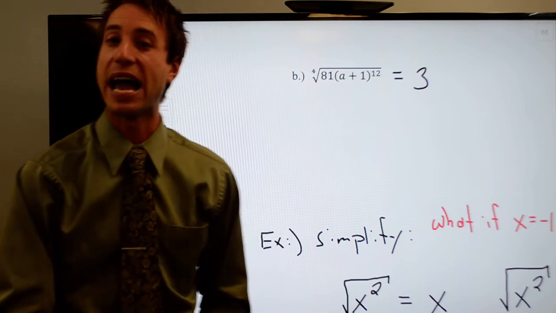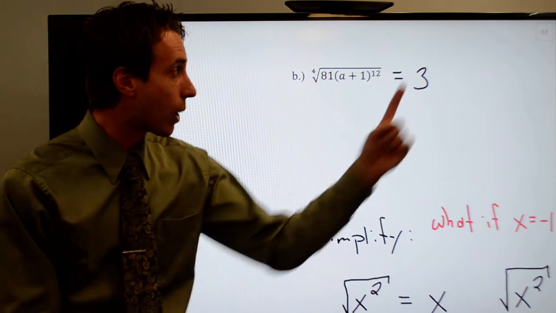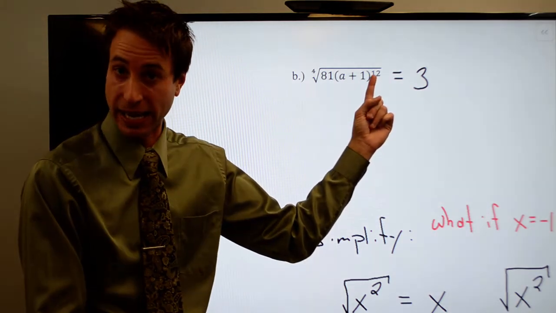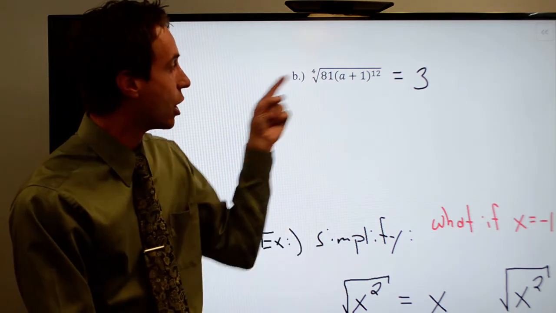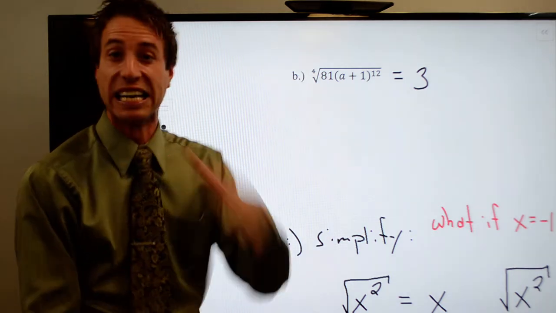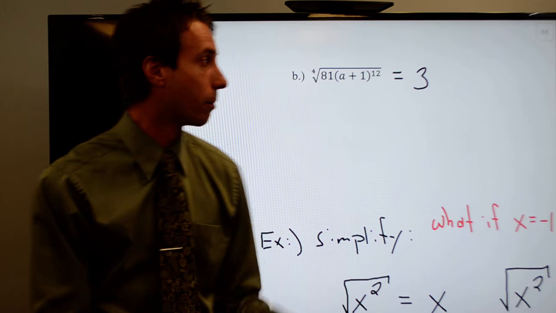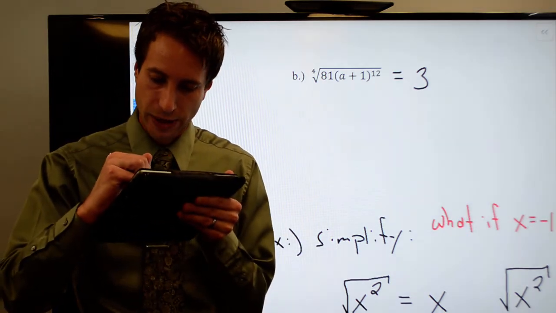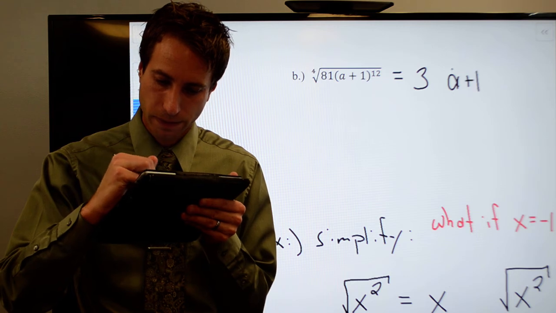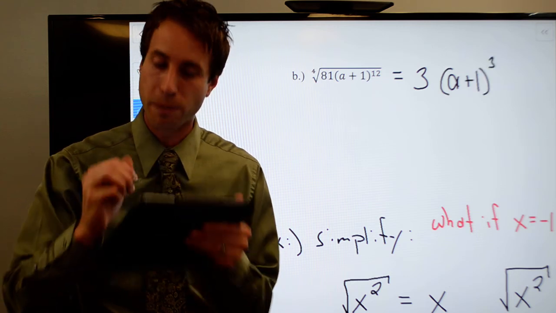Right? Then I go ahead and use that little shortcut we learned where the power, which in my case is a 12, divided by the index, which in my case is a 4, gives me the simplified form. Well, 12 divided by 4 is the third power. So I'm going to wind up with a plus 1 to the third power.